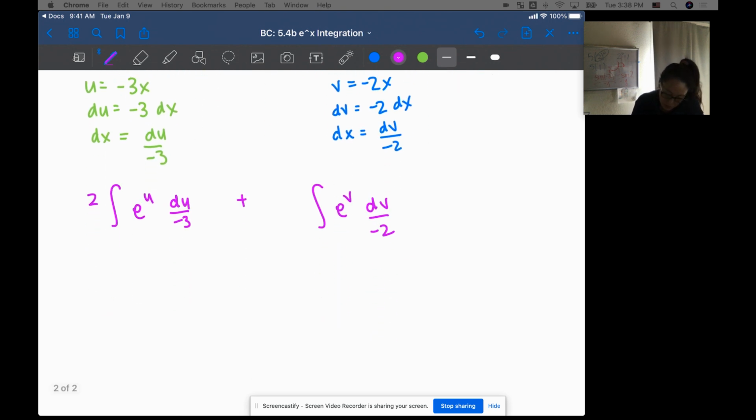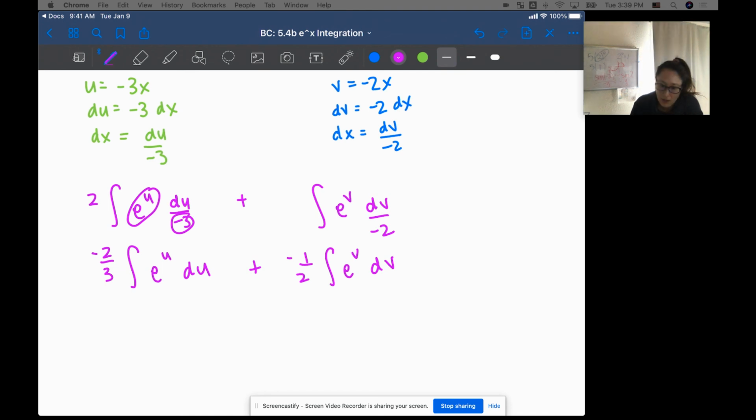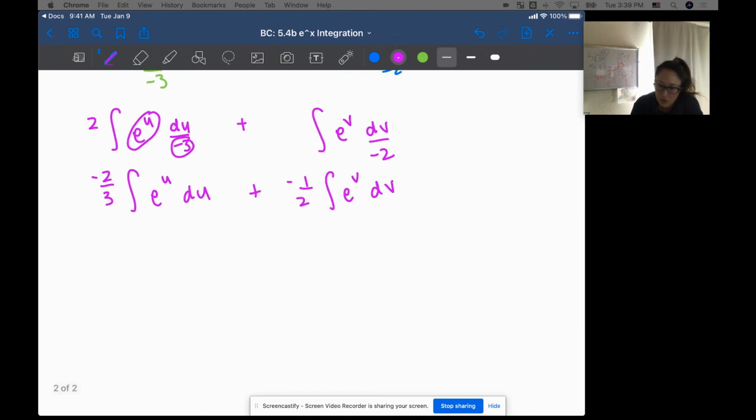So for the integral of e to the u, I might as well rewrite this. This is negative 2/3, since I have the 3 in the denominator, times the integral of e to the u du, plus negative 1/2 times the integral of e to the v dv. All right, let's do our integration.